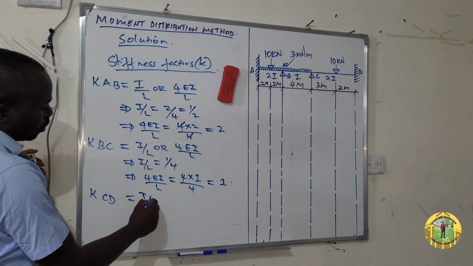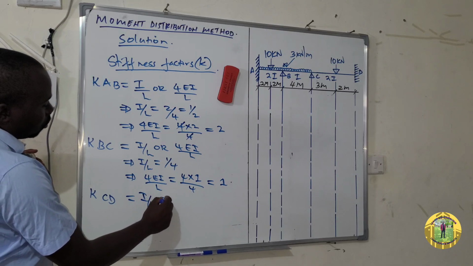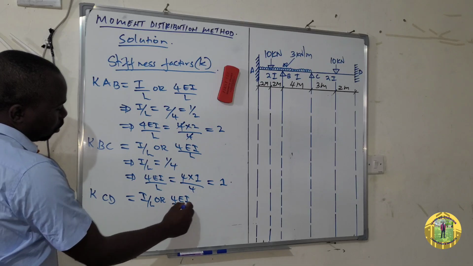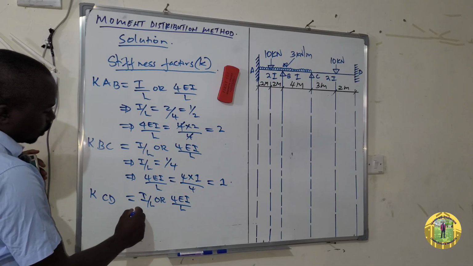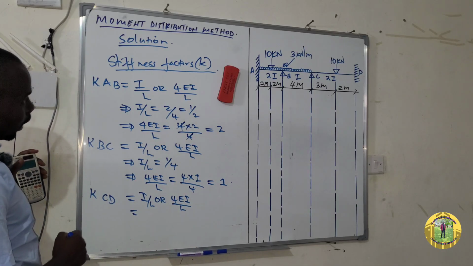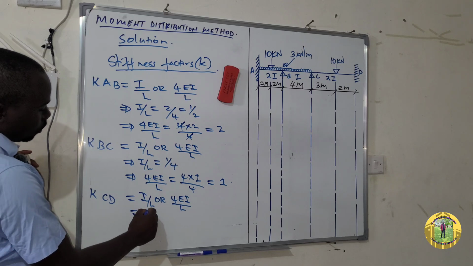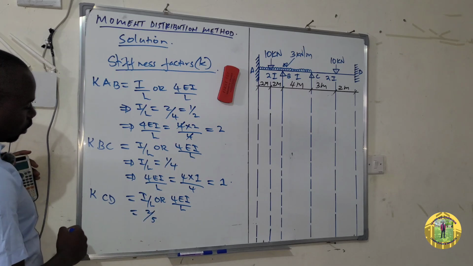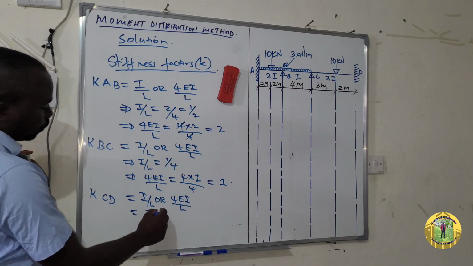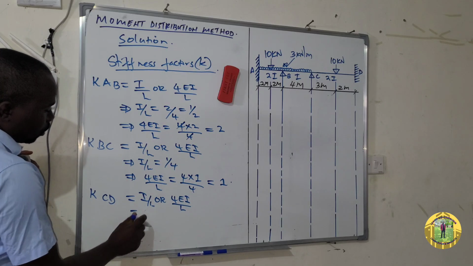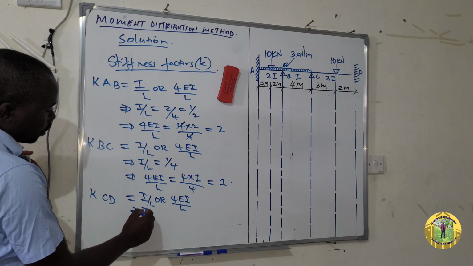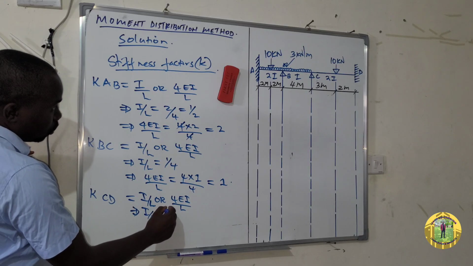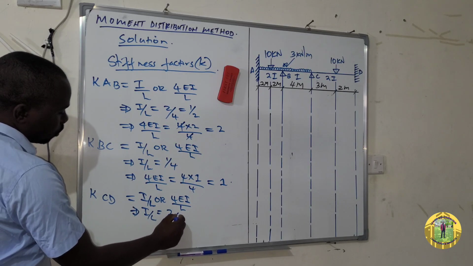I over L, or 4 EI all over L. So I is 2 and L is 5, which implies I over L is equal to 2 over 5.